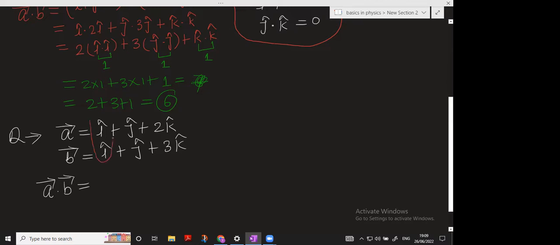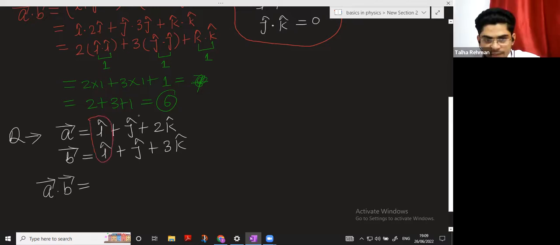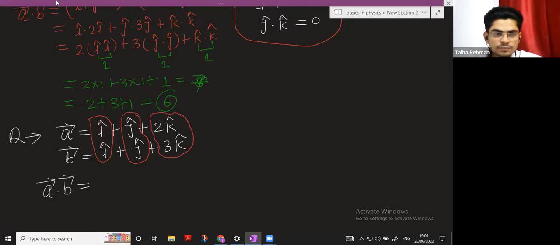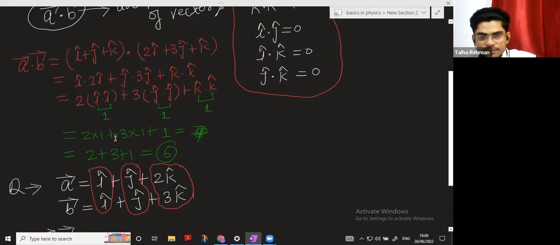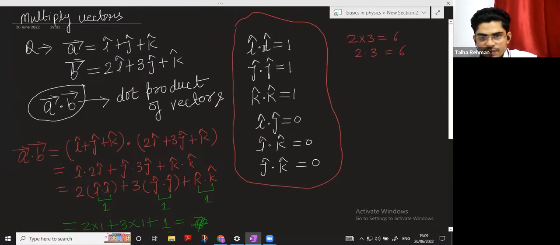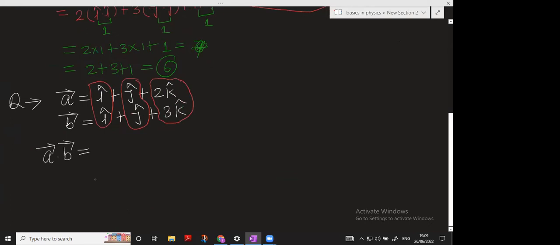Now here we are multiplying. Very simple thing. If I is multiplied with I, we will get 1.